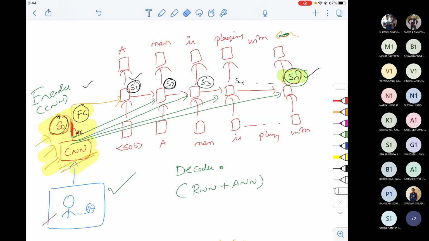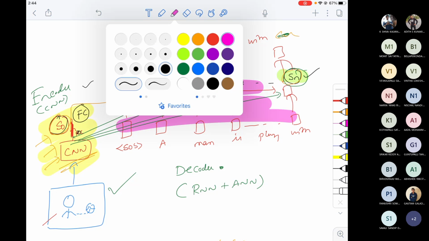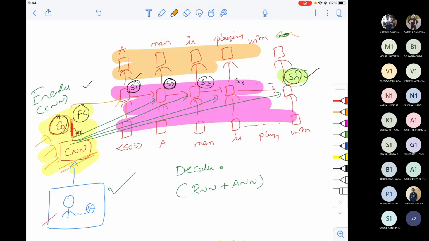I want to erase this. The bottom part is RNN, and it also has the upper part where I have ANN. So the decoder is a combination of RNN plus ANN, and the encoder is actually CNN.